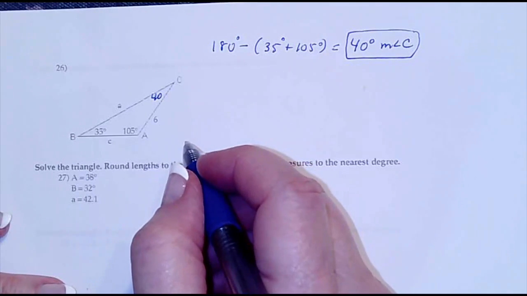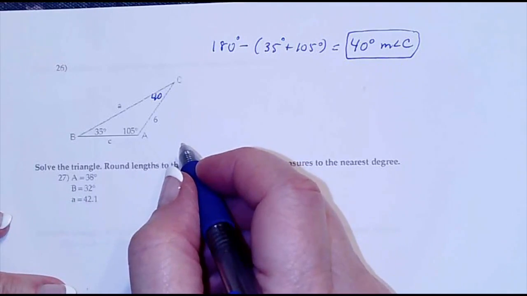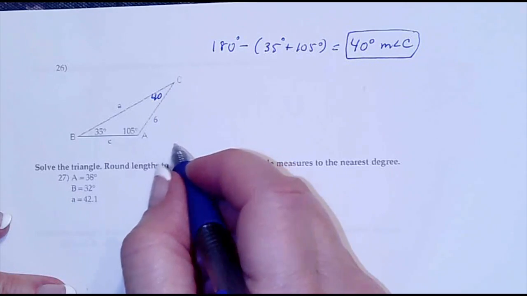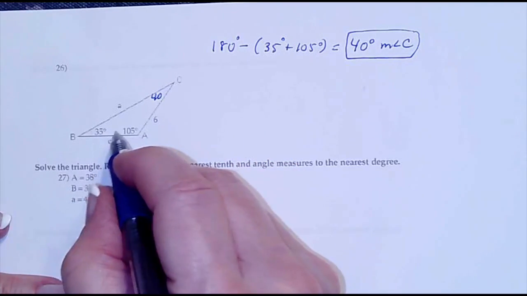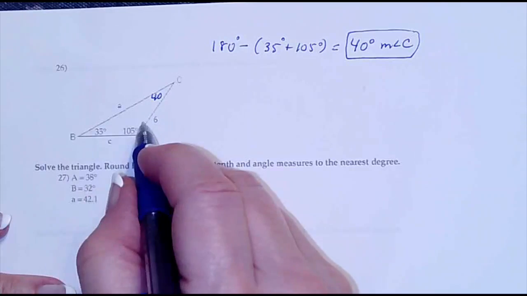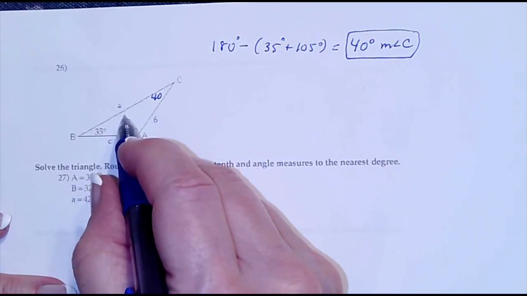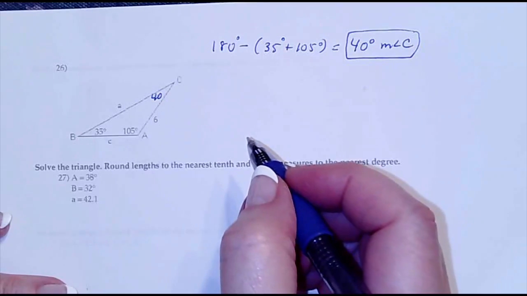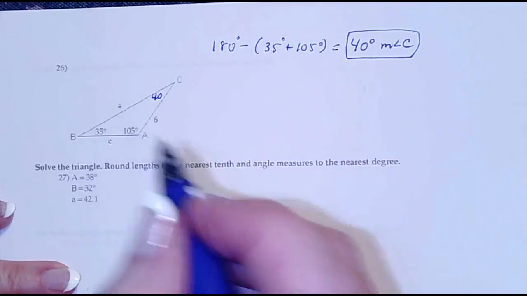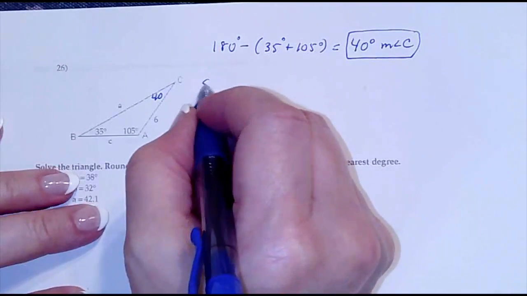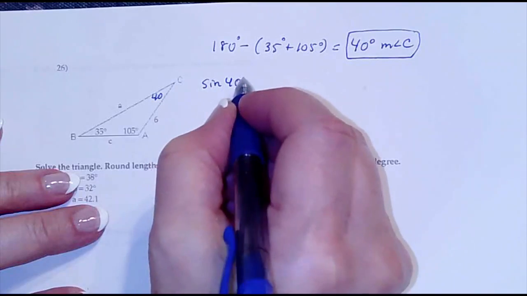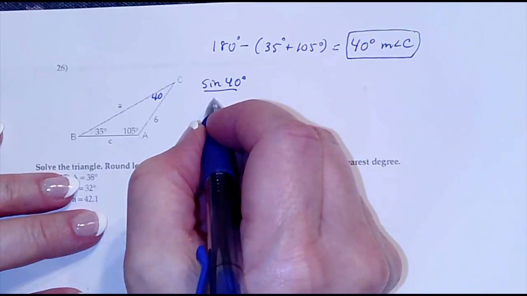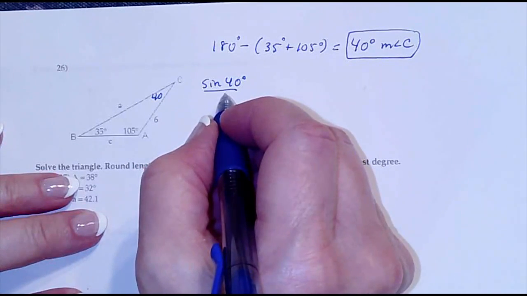So now we have a side and an angle opposite it. We've got the 35 and we've got the 6 that are opposite each other. So then we could find either side A or side C, whichever one we want to find. So let's find side A first. So I'm doing sine of 40 degrees over C. Whoops, I said I was going to do A first, didn't I?